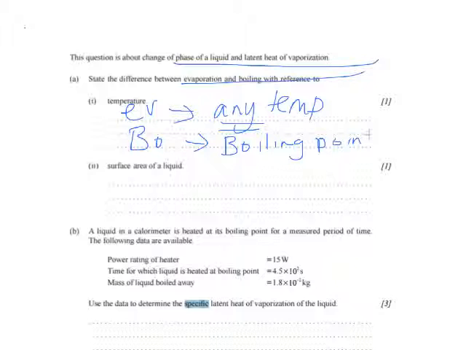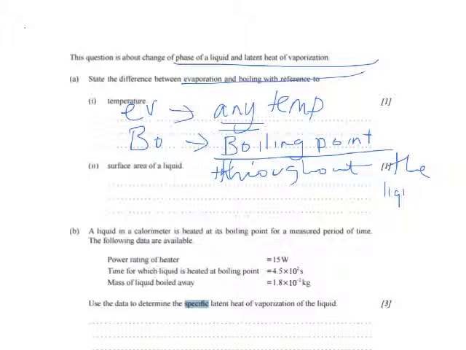So be specific. Boiling happens in or throughout the liquid. And then up here, evaporation happens at any temperature on the surface.